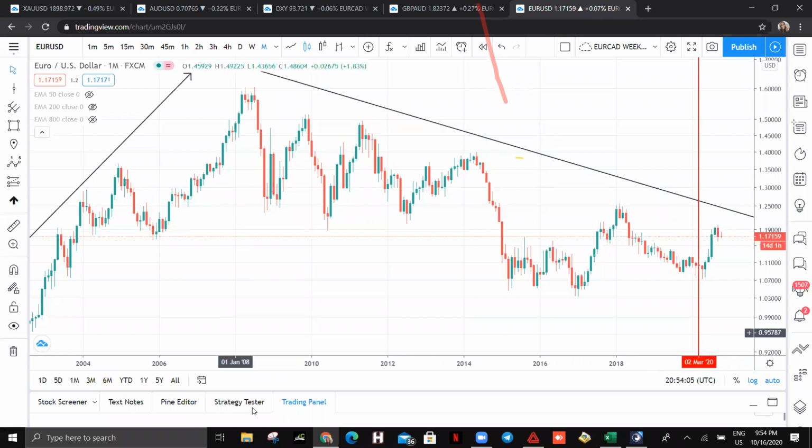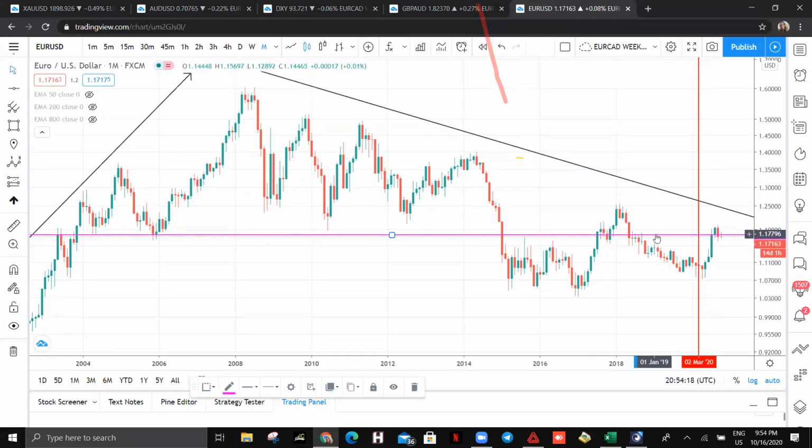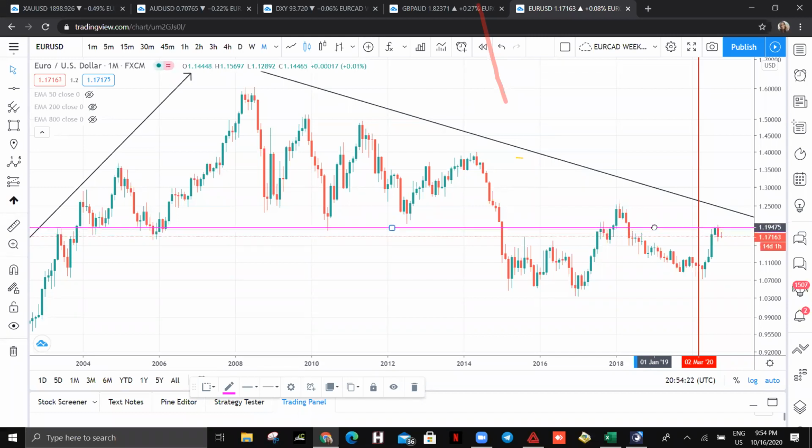If you want us to calculate it or more, let me use a horizontal line, sorry. Now, see here, this 1934 level. Now, let me put one at the top of the week.